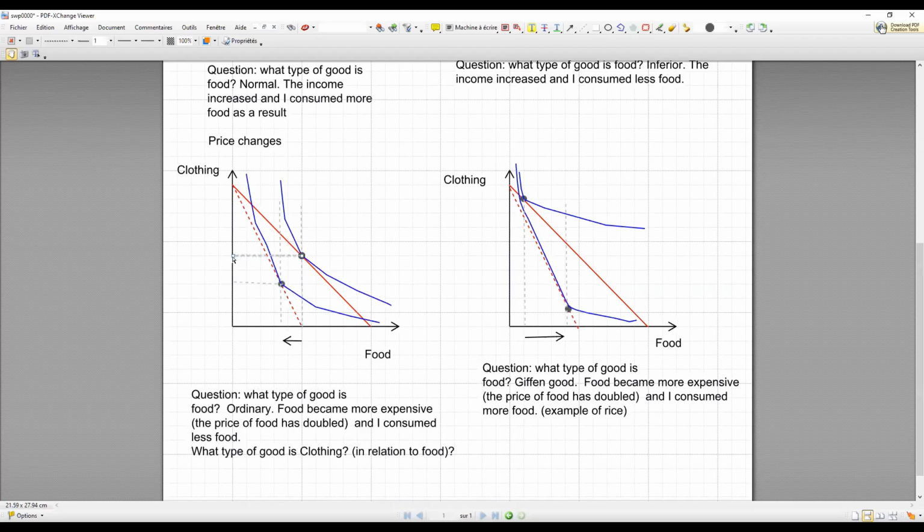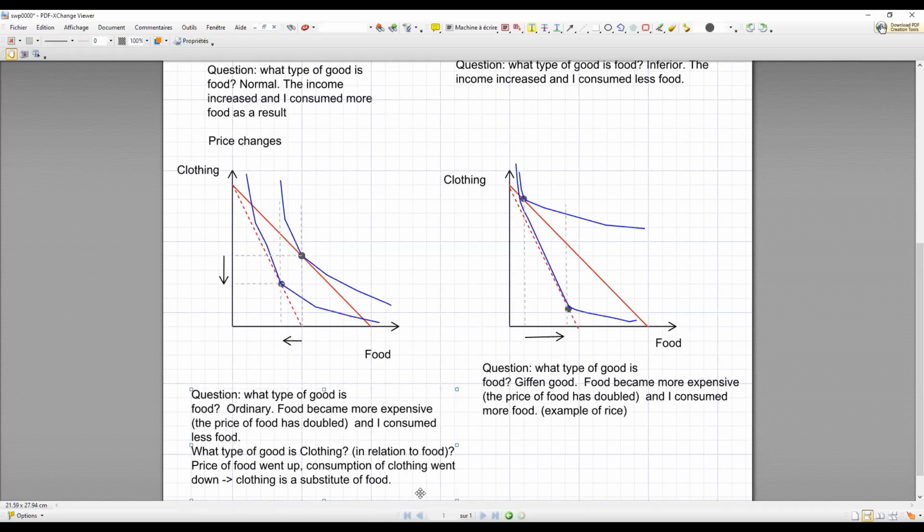So the price of food went up, the consumption of clothing went down, clothing is a substitute of food.